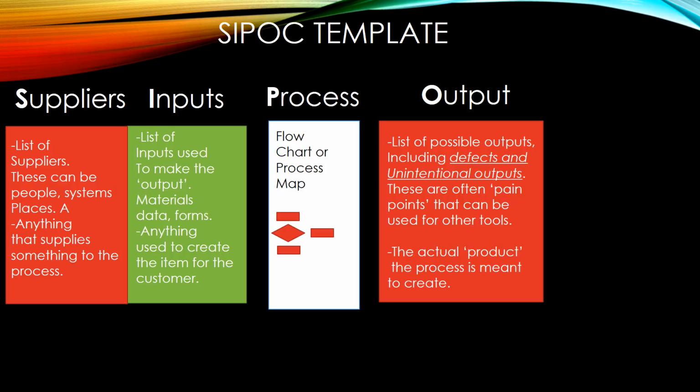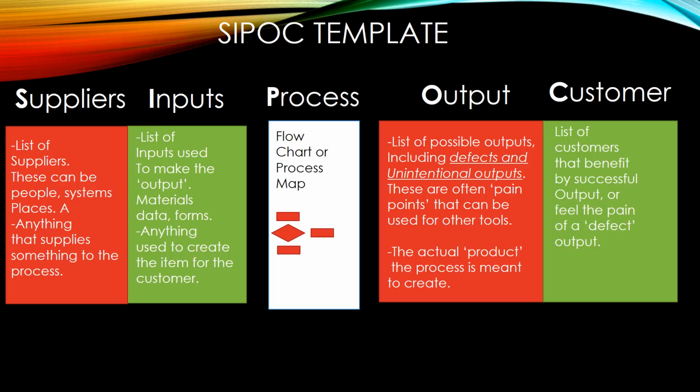We want to examine what that product is that we're delivering to the customer and some unintentional things that are created, such as wasted overtime hours, unnecessary workflows, things like that get created for the process that are not actually adding value. Before we do any of this, though, we're going to take a real close look at the customer. And we want to list all of the customers that benefit by a successful output of this process.